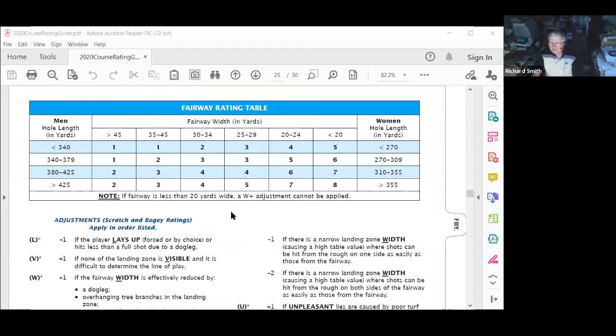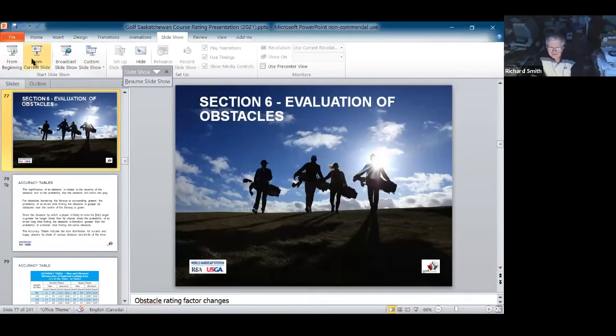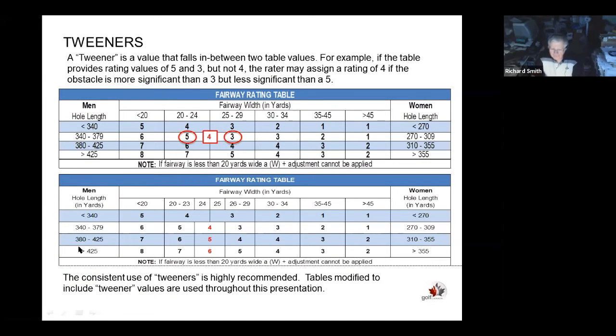Nothing's been changed that way, but it's a lot easier to read from small to large numbers going from left to right, because that's the way we're used to seeing them. So throughout this presentation, you'll see those revised tables in terms of the order of the columns.